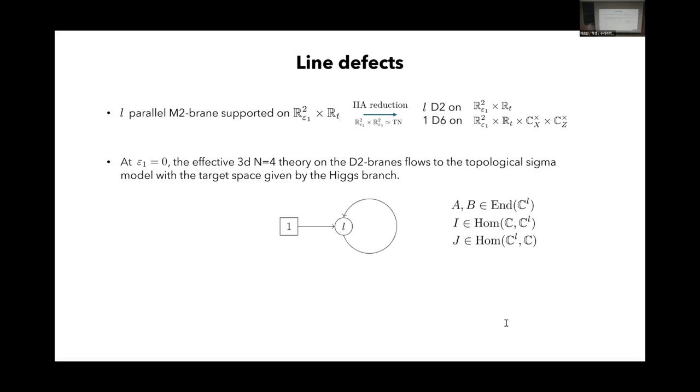But the point is that by considering such a configuration, you land on a certain 3D N equals 4 theory that's engineered by studying the open string spectrum of such D-brane configurations. And the problem of determining this algebra translates into studying the algebra of holomorphic functions on the Higgs branch of this 3-dimensional N equals 4 theory.